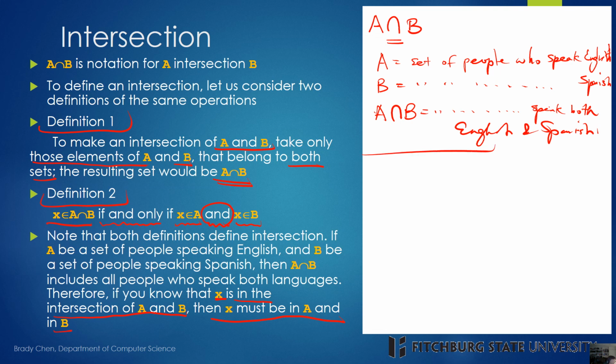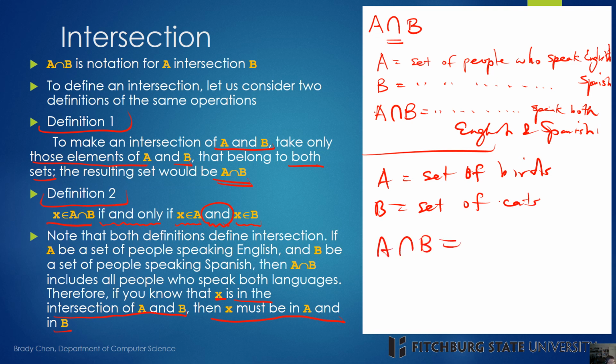Now, let's go back to another example. A is the set of birds, right? And B is a set of cats. Now, what is A intersection B? It's a set of animals, so that means it belongs to both A and B. So that animal must be both a bird and a cat.